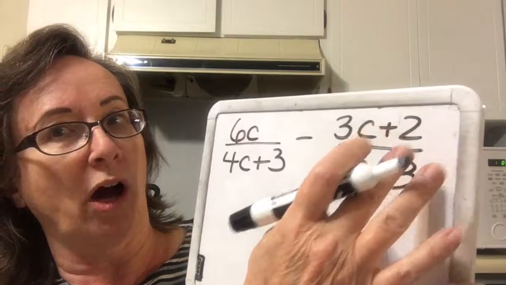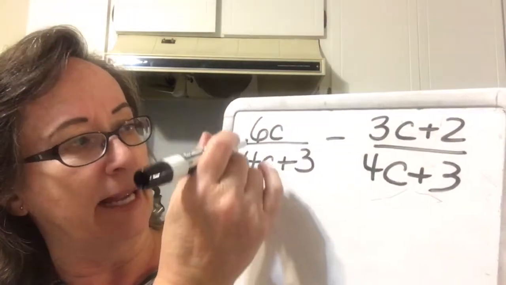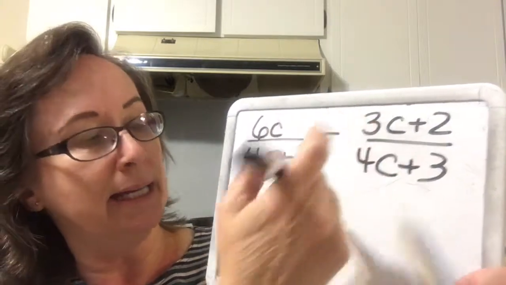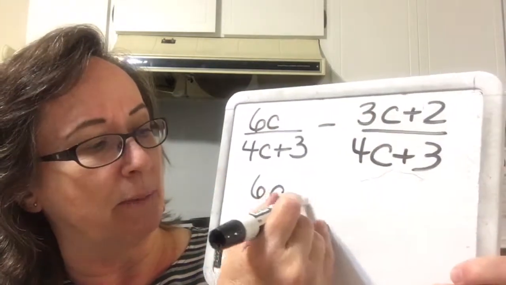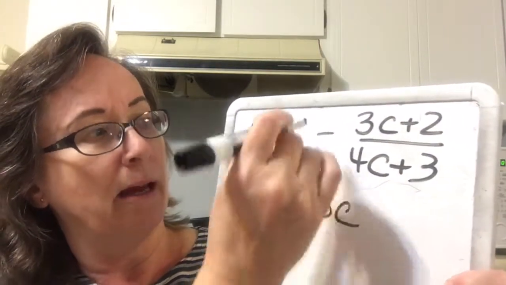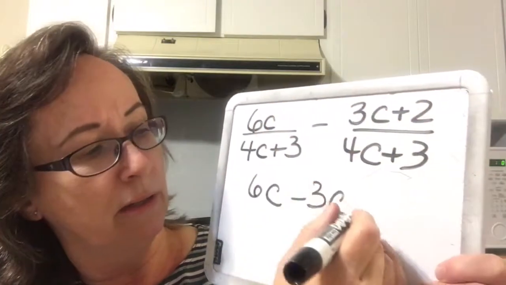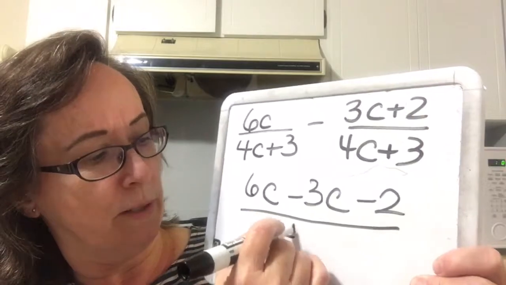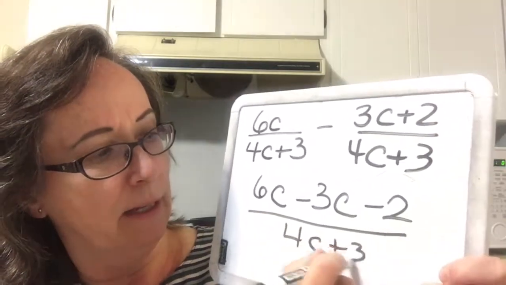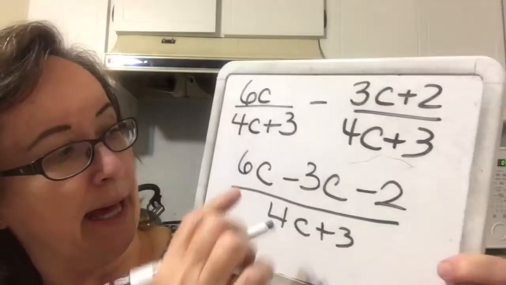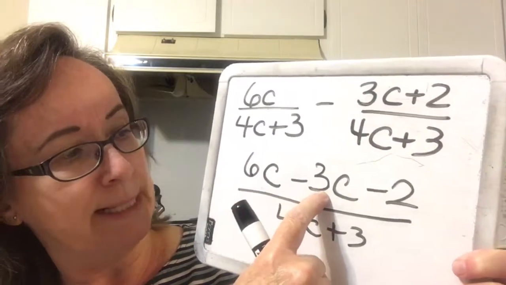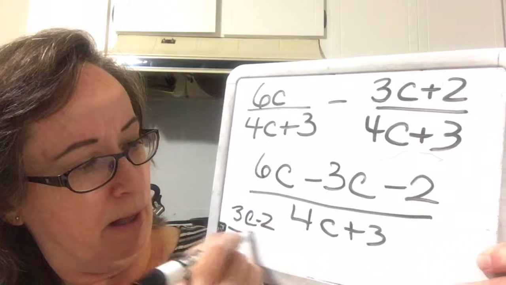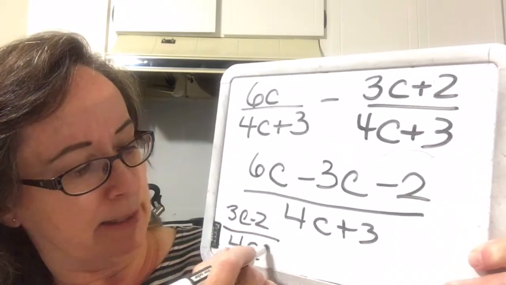So when I put all of that together with the minus sign, it's going to be 6C minus, that's a -1 times, so minus 3C minus 2, all over 4C plus 3. So that one would simplify to 3C minus 2 all over 4C plus 3.